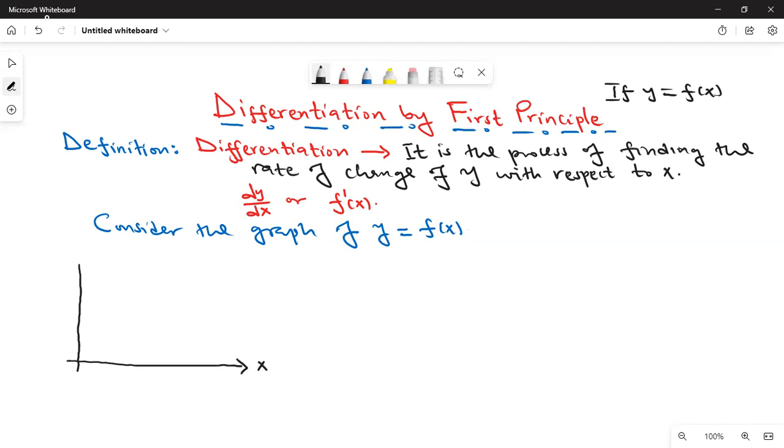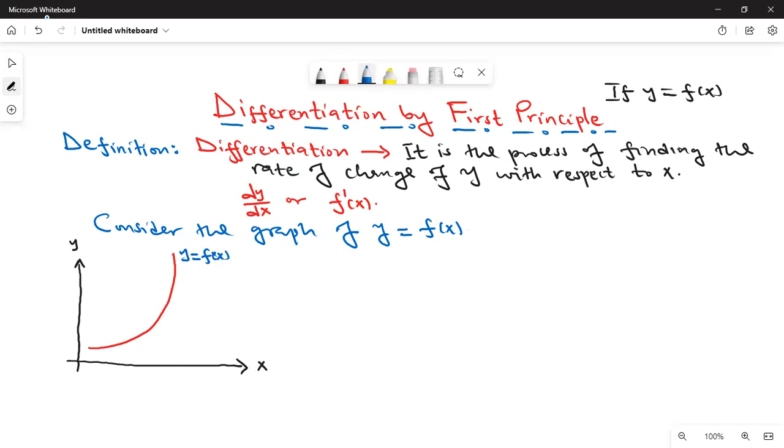So this is the x-axis and this is the y-axis. Then let's say our graph is just a curve like this. That is y is equal to f of x.